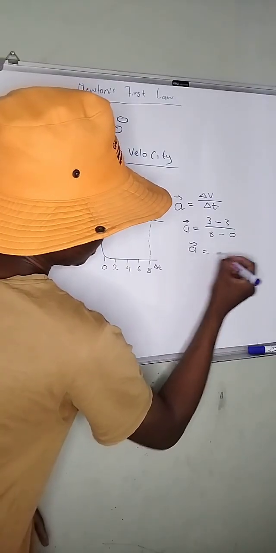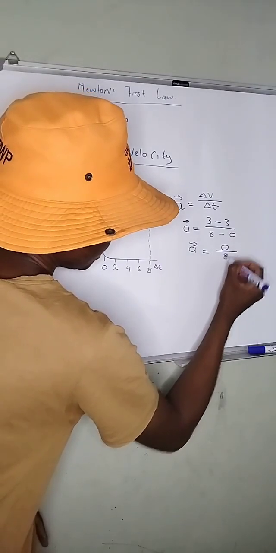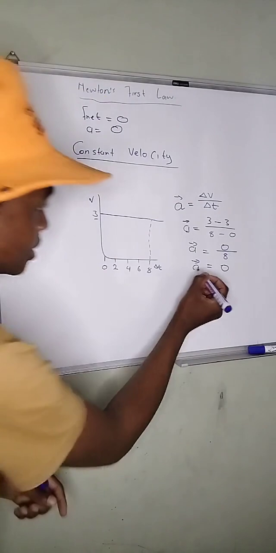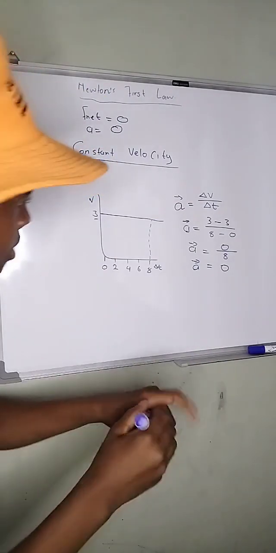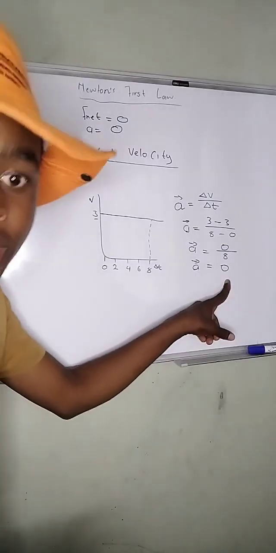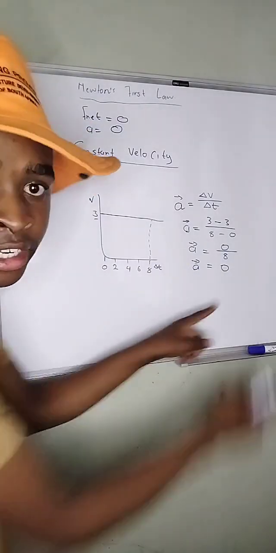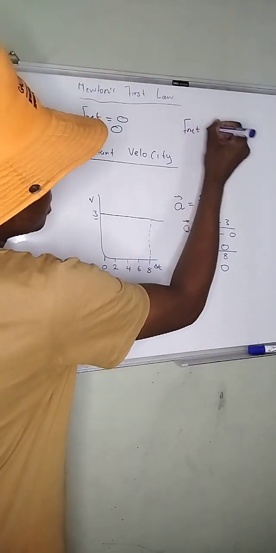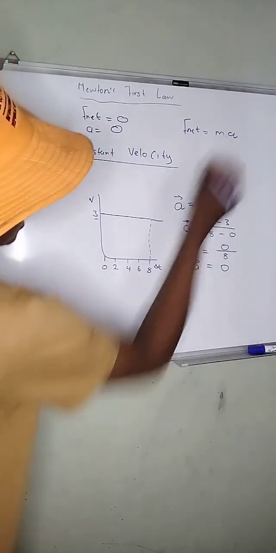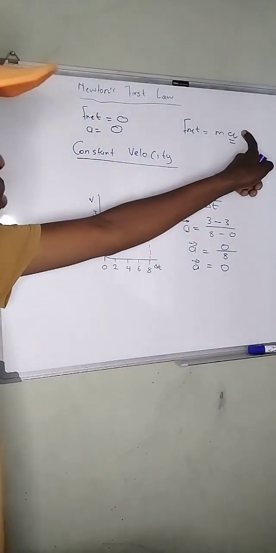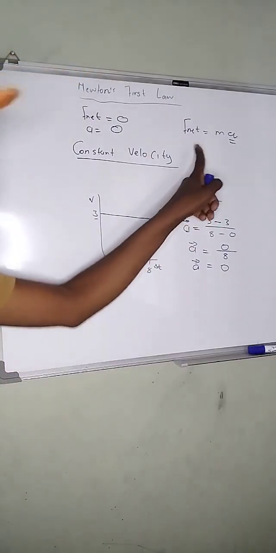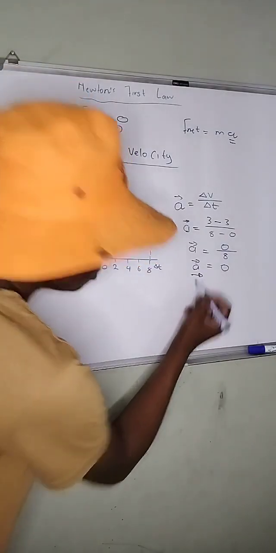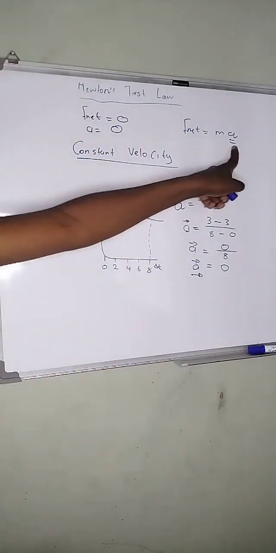Then I have 0 divided by 8, and my acceleration is 0. And if my acceleration is 0, what is going to be the F net? Remember, F net equals ma, but my acceleration is 0. Are we going to have a value on F net?